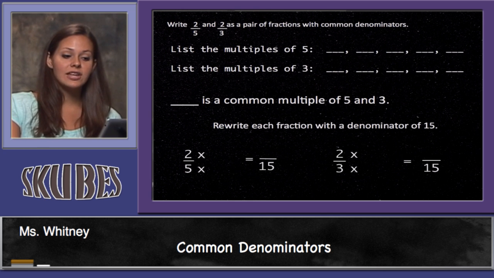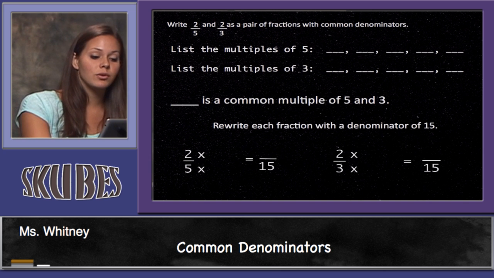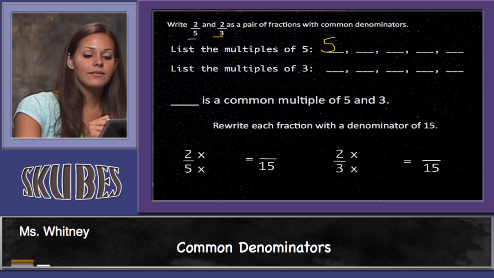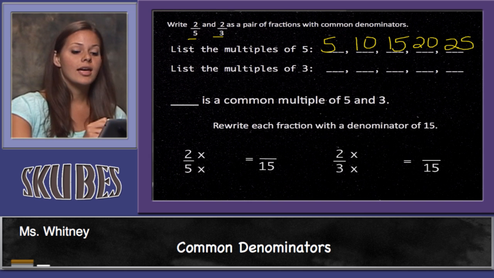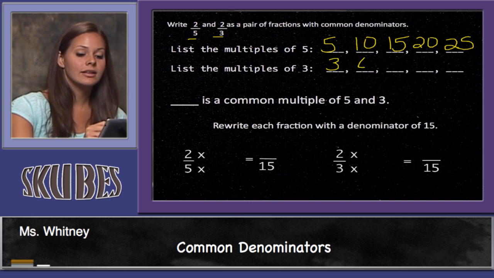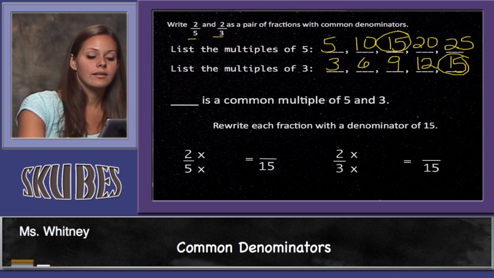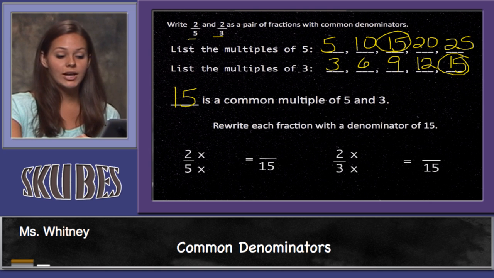Now let's write 2/5 and 2/3 as a pair of fractions with common denominators. We're first going to list the multiples of 5 and then the multiples of 3. We have 5, 10, 15, 20, 25, and we have 3, 6, 9, 12, 15. 15 is a common multiple of 5 and 3.